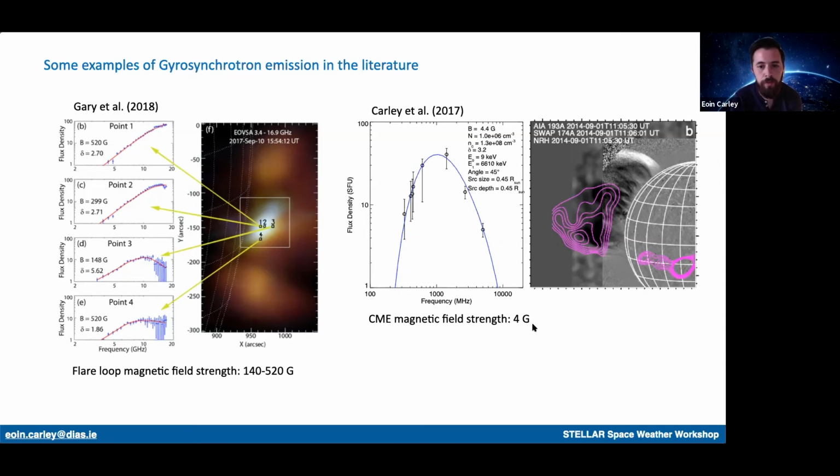It's down in a few Gauss, and this is typical, but being able to measure this in the CME is pretty rare. In fact, this paper here is probably 1 of 10 times that CME magnetic field was actually measured. So with more sensitive measurements in the future, hopefully we can actually get at gyrosynchrotron emission from a CME.